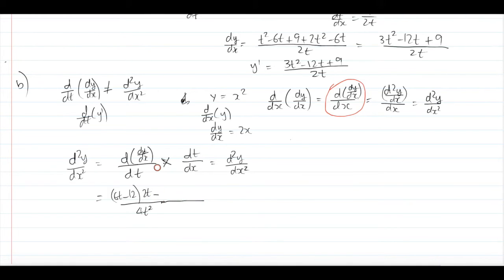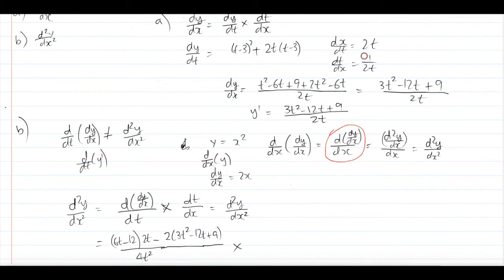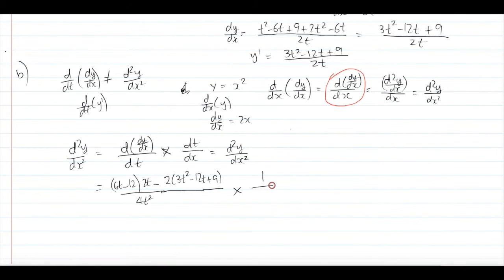Then we subtract the top function multiplied by the derivative of the denominator. You just end up with 2 bracket 3t squared minus 12t plus 9. And of course, don't forget, that's just dy dx over dt, we have to multiply that by dt dx as well. And we know dt dx is 1 on t, so that's what you have to do, 1 on t.